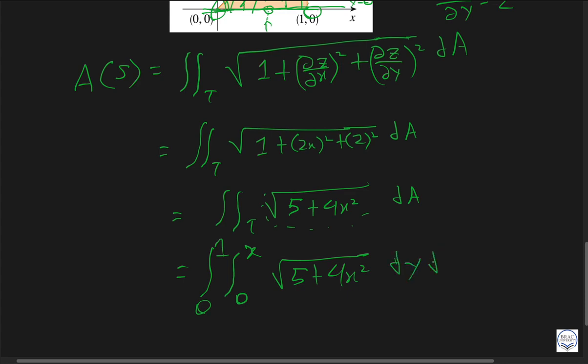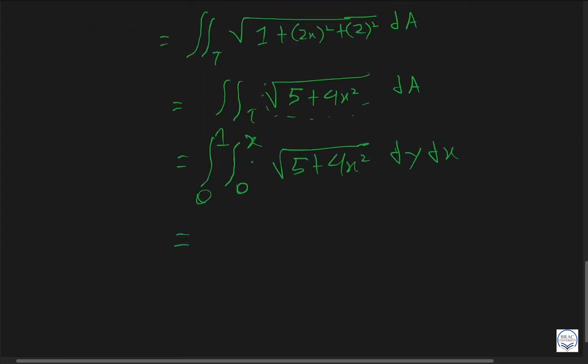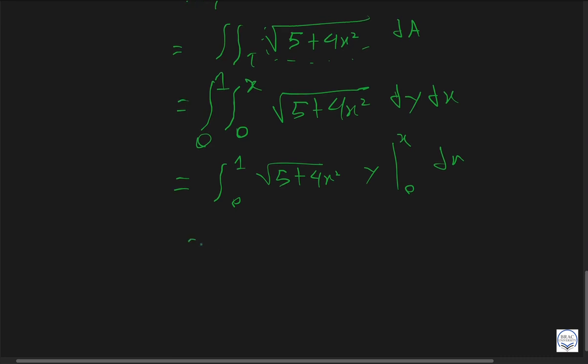We have to do the y integration first, setting the limits up in this way. So now we have the square root of 5 plus 4x squared times y, where we take the limit 0 to x, dx. This is just x minus 0, right? And so we can just write this as the integral from 0 to 1 of x times the square root of 5 plus 4x squared dx.